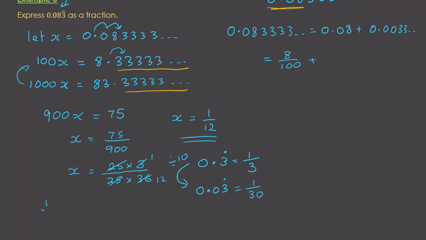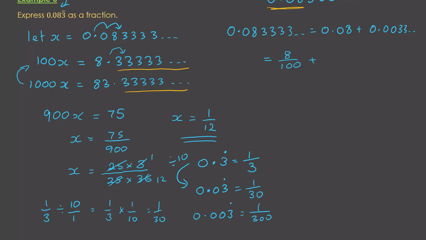And just to explain that, if I do 1/3 divided by 10, then keep, flip, change, and then we can see we get 1/30. And then that means that 0.003 recurring is 1/300.